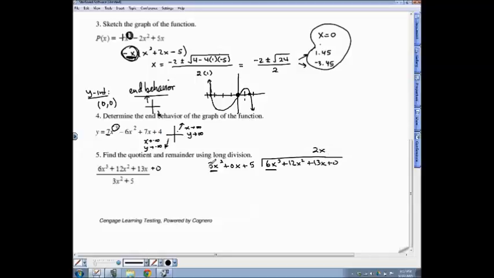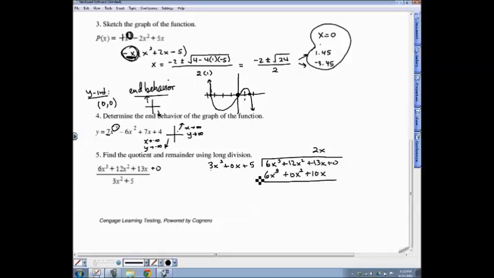So 2x multiplied by 3x squared is 6x cubed. You also have to multiply the 2x throughout this divisor polynomial. So 2x times 0x is 0x squared, and 2x times 5 is 10x.